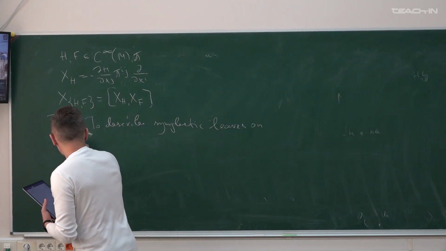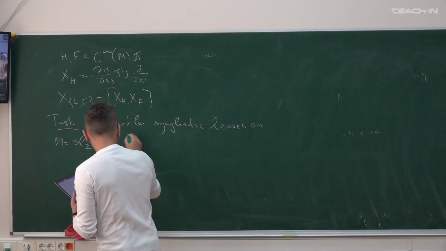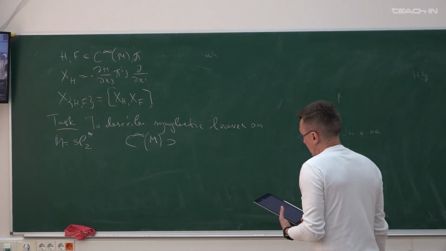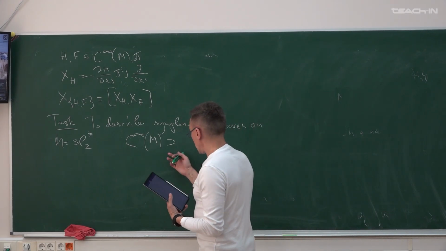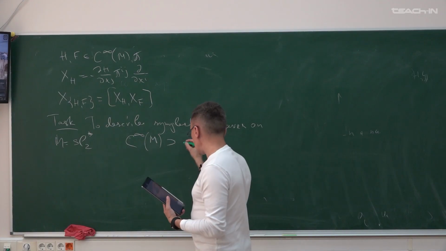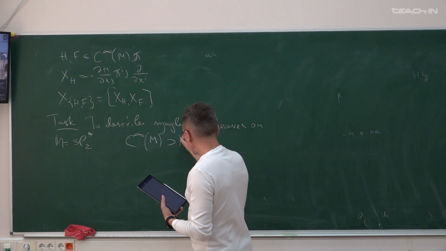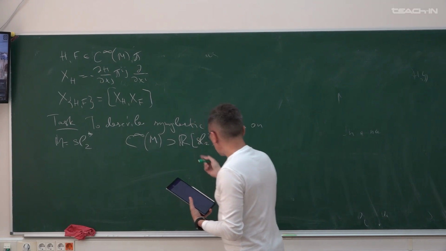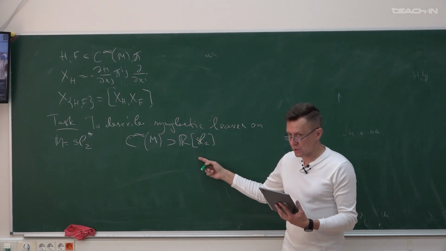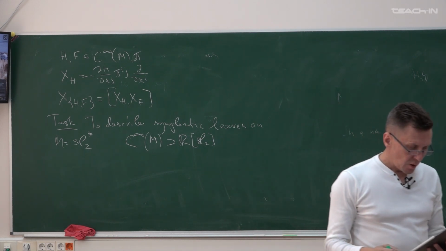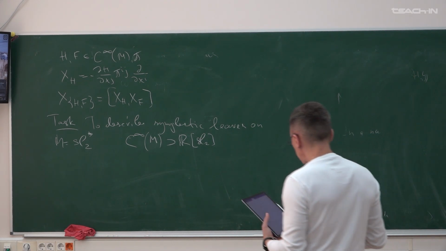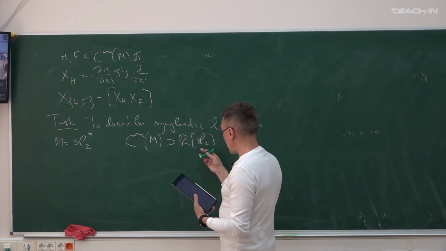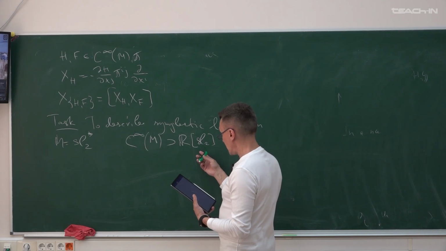So if this is M, then we consider some subring in the space of smooth functions on this space, which is just the polynomial algebra R of SL2. So it is our principal example of Poisson algebras, the symmetric algebras with generators from the Lie algebra.